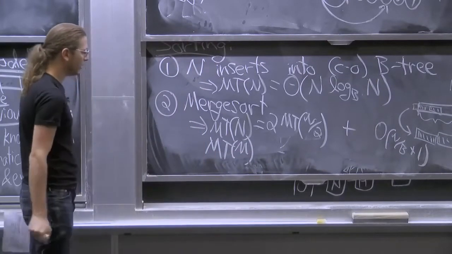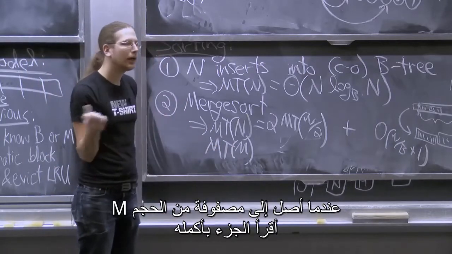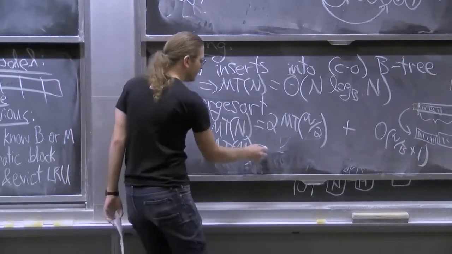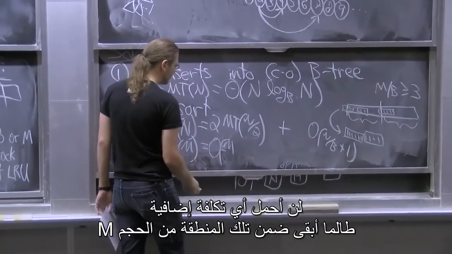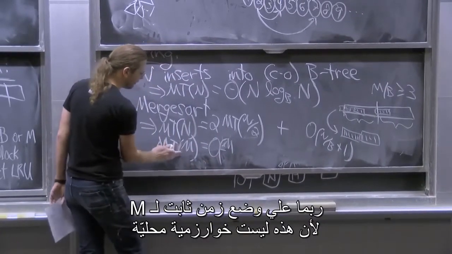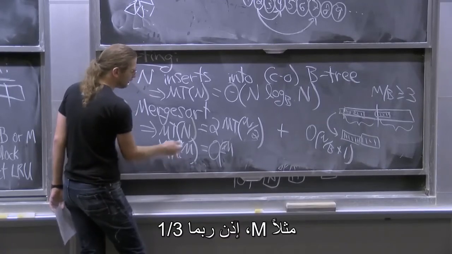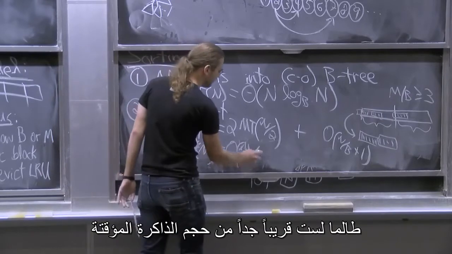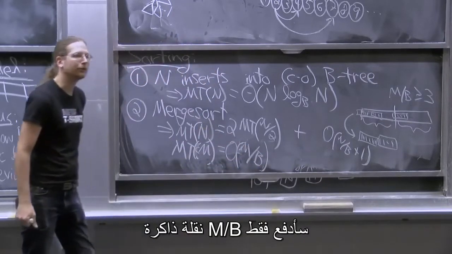Let's use it. When I reach an array of size M, I read the whole thing, and then that's all I can pay. So I won't incur any more cost as long as I stay within that region of size M. Maybe I should put some constant times M, because this is not an in-place algorithm. So maybe 1/3 M or something. As long as I'm not too close to the cache size, I will only pay M over B memory transfers.